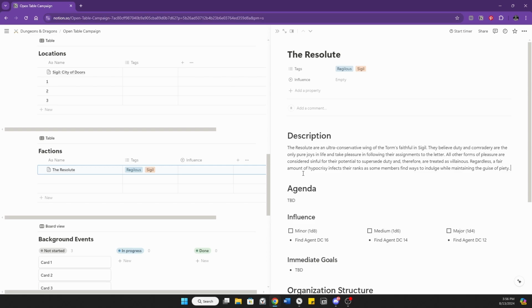They believe duty and camaraderie are the only pure joys in life and take pleasure in following their assignments to the letter. All other forms of pleasure are considered sinful for their potential to supersede duty and therefore are treated as villainous. Regardless, a fair amount of hypocrisy infects their ranks as some members find ways to indulge while maintaining the guise of piety.